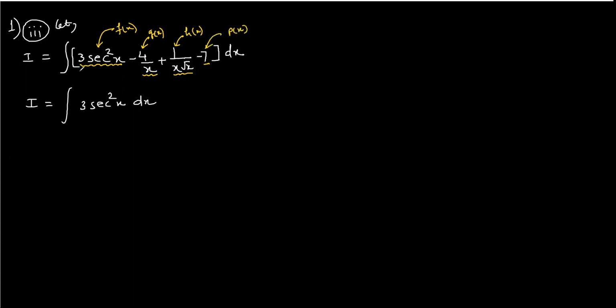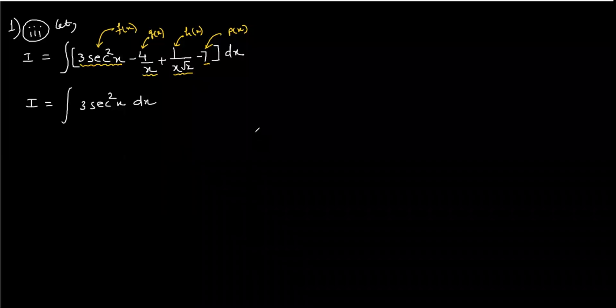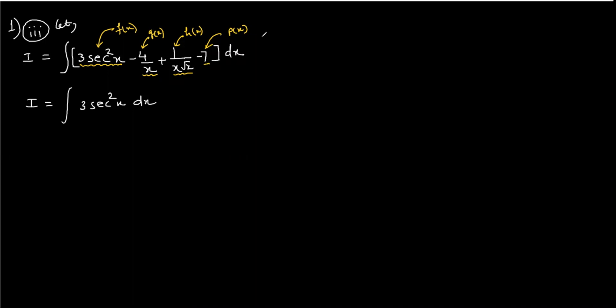When you have the sum and difference of many functions and just a single integral sign, what would you do? You will write different integrals. You distribute the integral sign to each one of the functions with the corresponding sign.